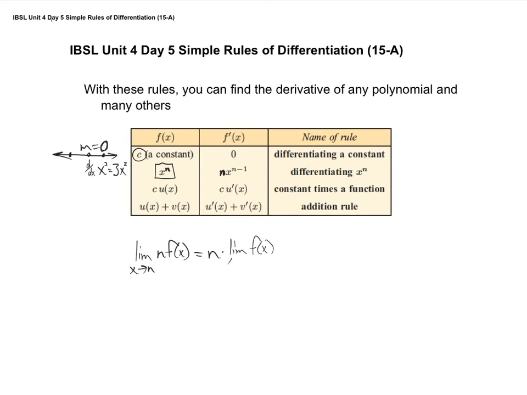Alright, so we were able to take the constant multiple of the function and put it out in front of the limit.